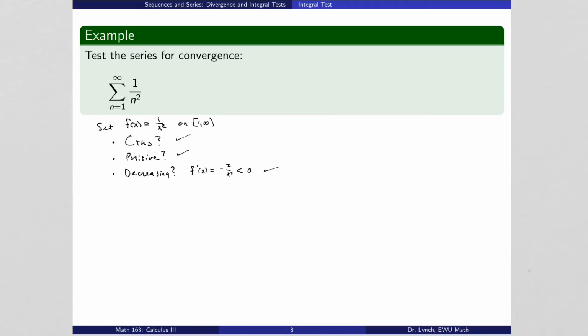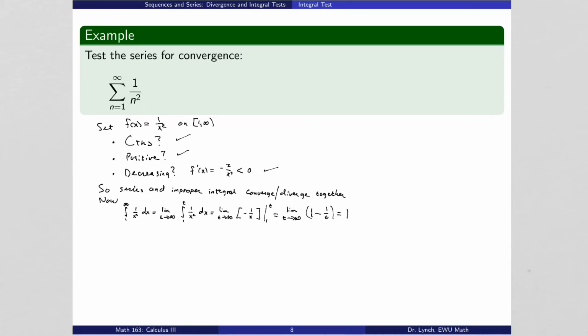So the upshot here is that whatever the improper integral and the series do, they do it together, so they converge or diverge together. Okay, so the series and the improper integral, again, converge or diverge together. So we know what happens to the improper integral because we're experts in Calc 2, so we'll work that out really quick. So we know that this integral from 1 to infinity of 1 over x squared can be expressed as a limit of a proper integral.